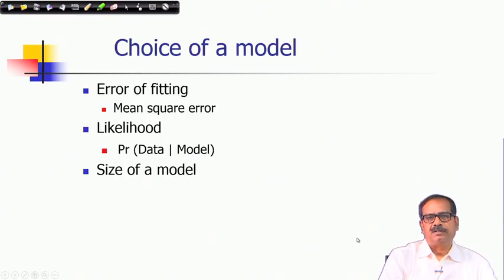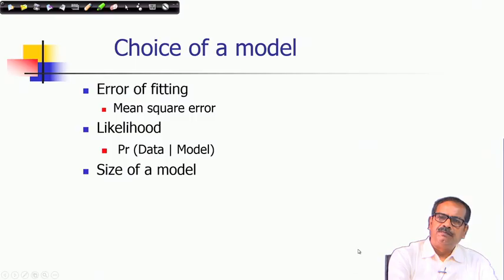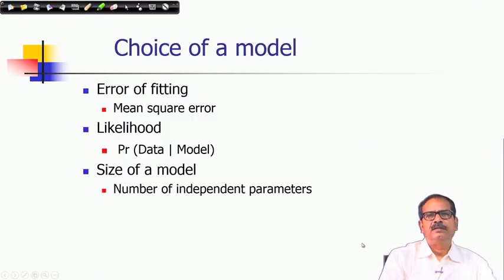Size of a model is important. In brief, we can say the size of a model is determined by the number of independent parameters involved in a model. That is just a very short way of defining size. If you have more independent parameters, your model is more complex. That is the rough idea. So, you have to choose a particular size.